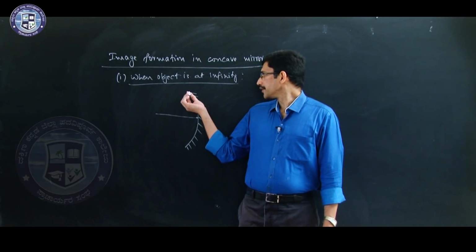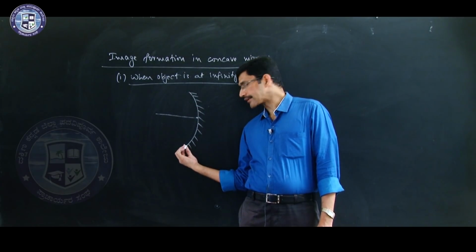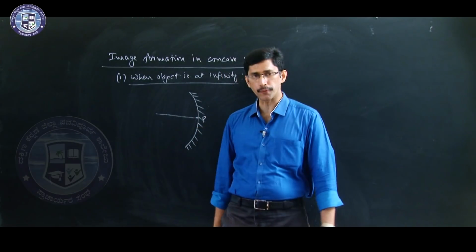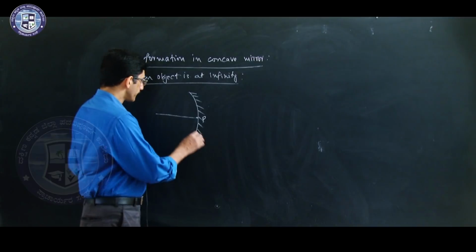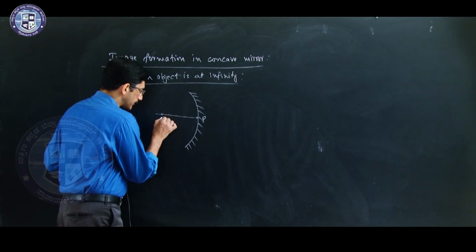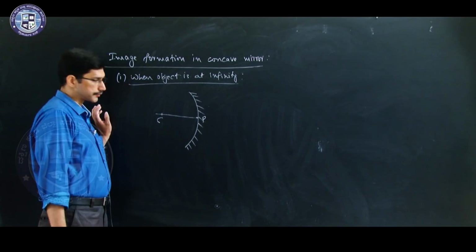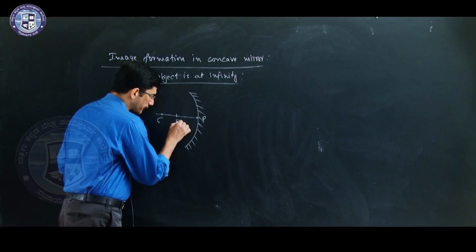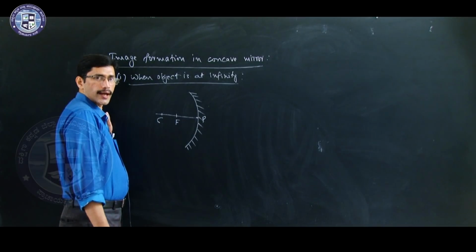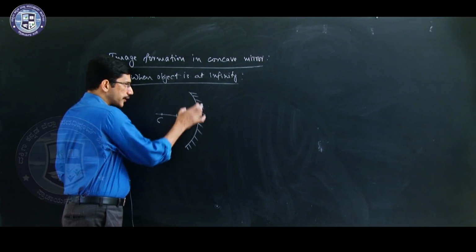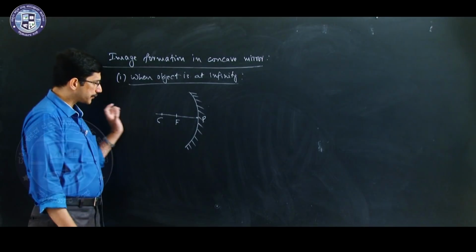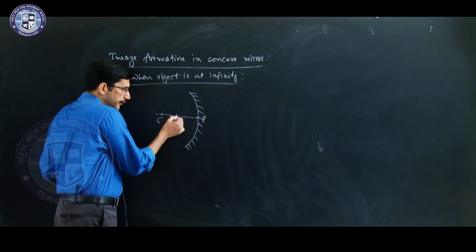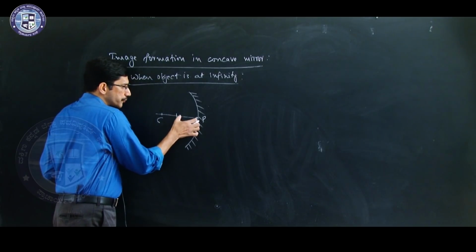You know that this is a concave mirror and this is the midpoint, that is the pole, and somewhere here you will have the center of curvature, and the midpoint of the center of curvature is nothing but the focus. And my dear students, whenever you draw the ray diagram, you fix a distance between F and P, and you draw the focus to be the midpoint.